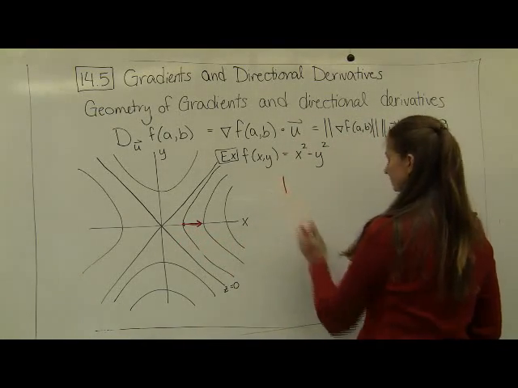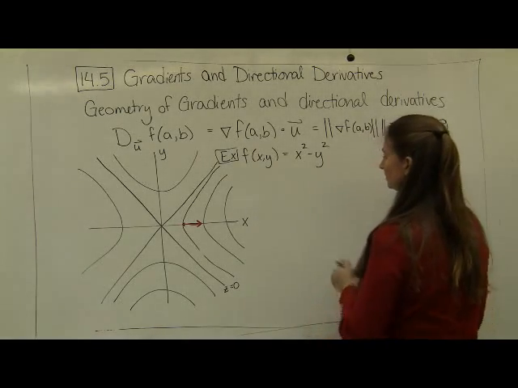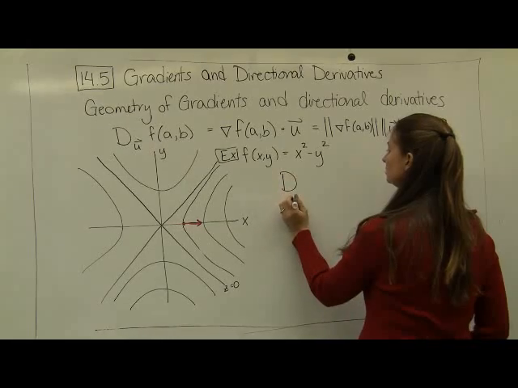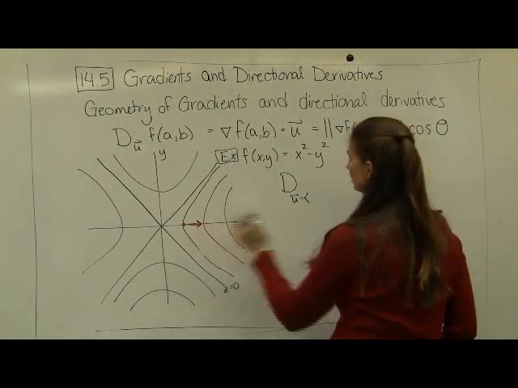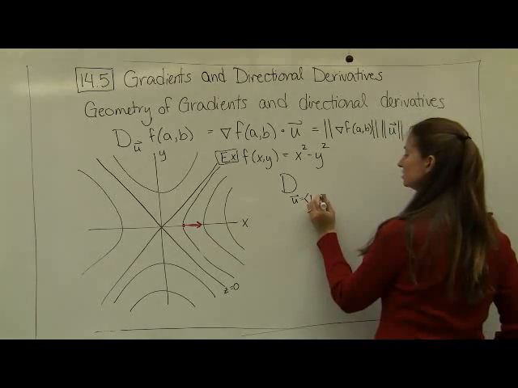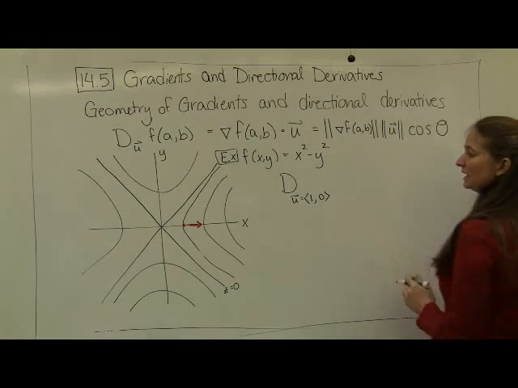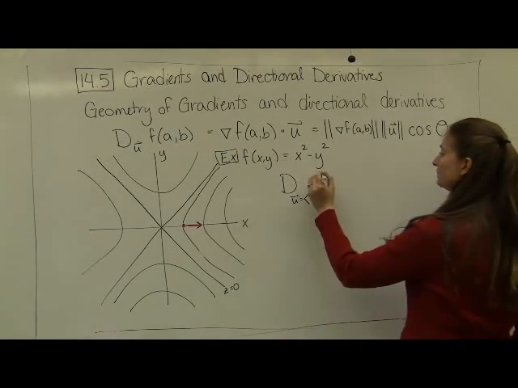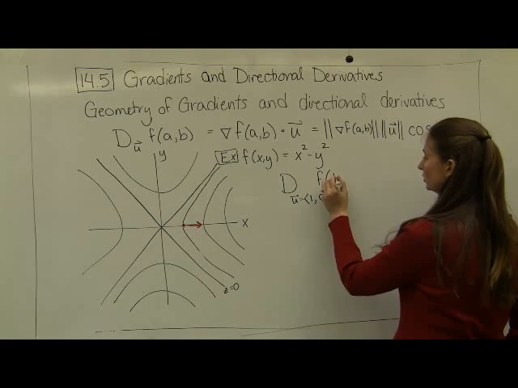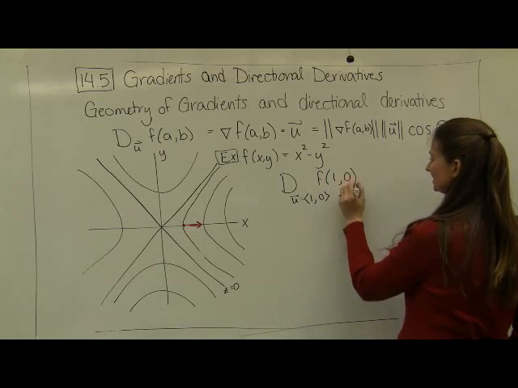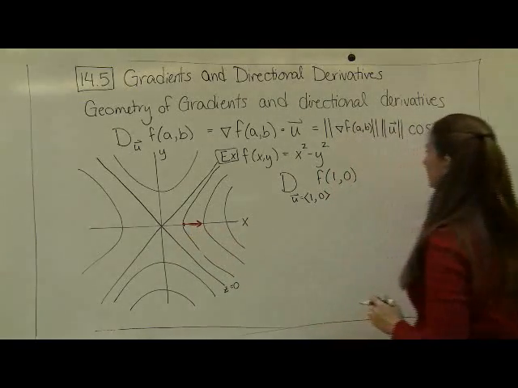I want to know what is the directional derivative where my u vector is equal to the vector where my x's are increasing by 1 and my y's are increasing by 0. I know this is 1 unit in length because of the way that I defined this vector, and I'm going to evaluate it at the point (1, 0). That's just a coincidence that I decided to put it at this point facing in this direction.